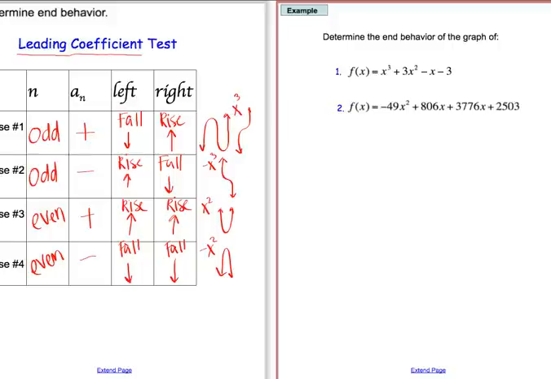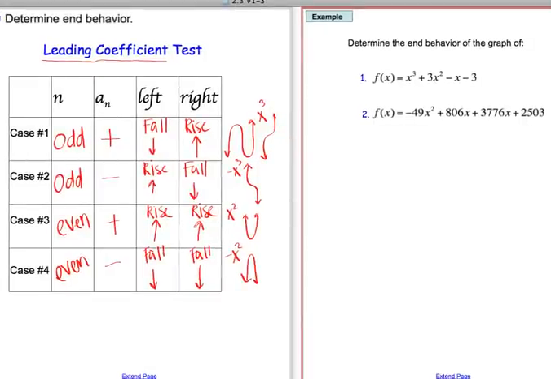The first thing we have to do is look at the leading coefficient here. In this case, in the first one, our leading coefficient is a 1, and the degree is 3. So we have an odd degree with a positive leading coefficient.